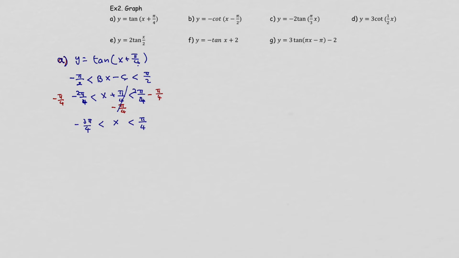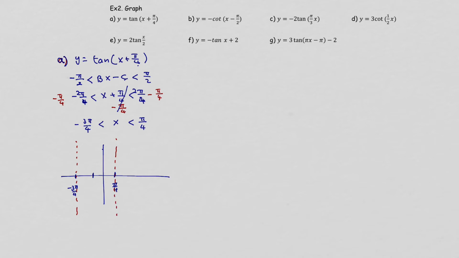So these values are going to be your first vertical asymptotes. Let's mark that. Let's say this is your negative 3 pi over 4, and this is pi over 4. And then we need to find the point in the middle of those 2 points. Why? Because these are going to be the vertical asymptotes of your tangent graph.